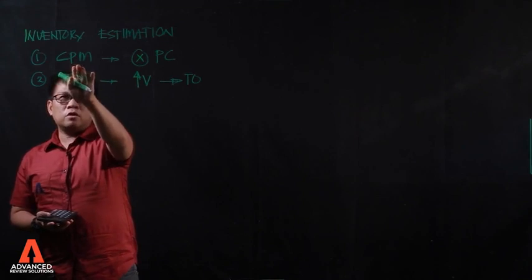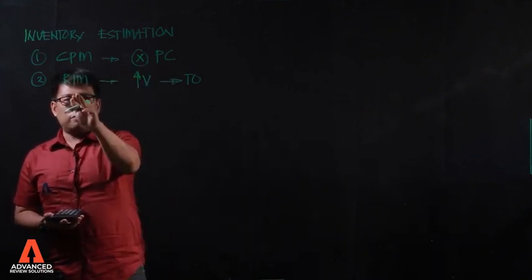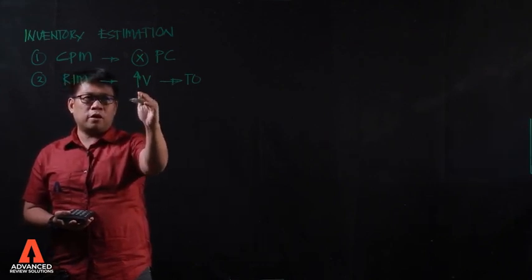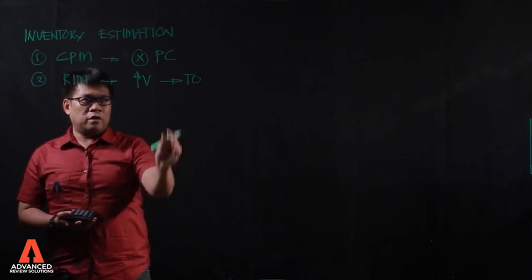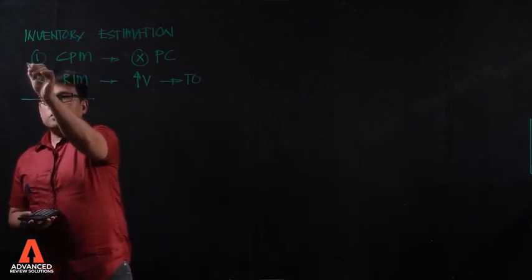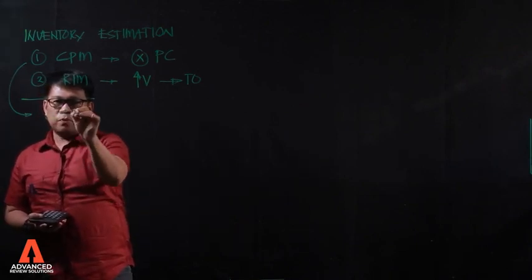You will use the gross profit method if you cannot conduct an actual physical count, while you will use the retail inventory method if there is a large volume of inventories and a fast turnover of inventory. Under the gross profit method, this is highly dependent on the so-called gross profit percentage.